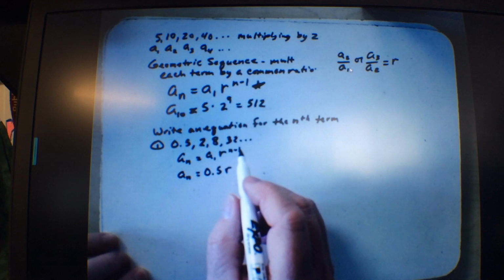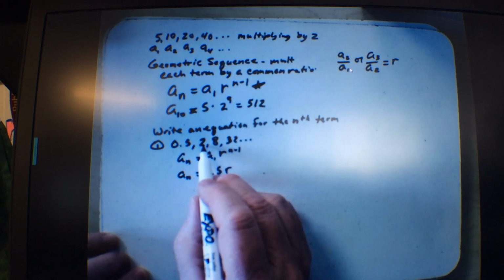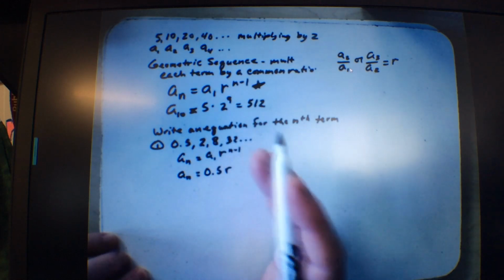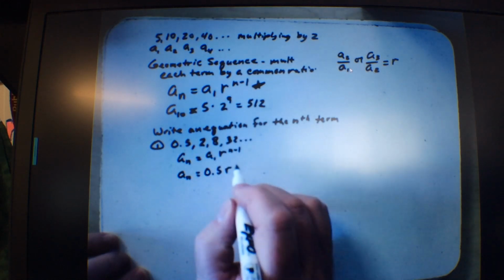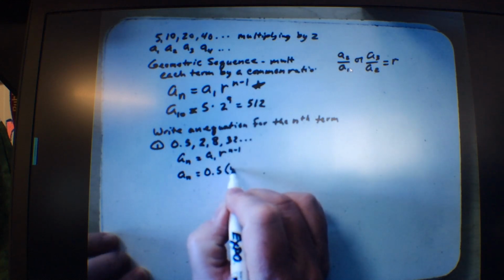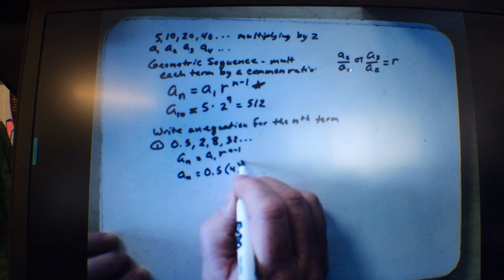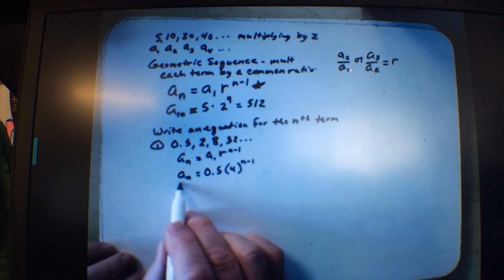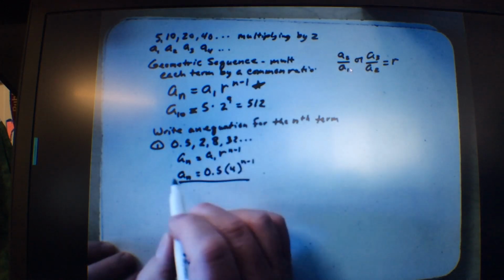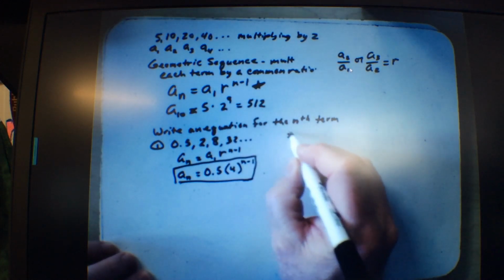How'd you get that? You multiply every number by 4, or 8 divided by 2. I could do 2 divided by 0.5, but that's tougher, right? So r is 4 to what power? n minus 1, because I'm looking for the equation for the nth term. So this is my formula, okay?